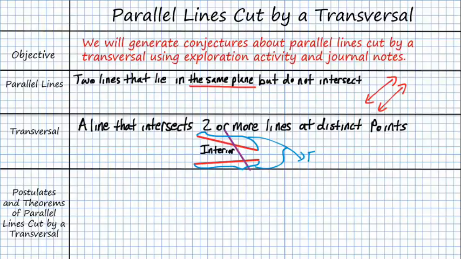So that's going to be the exterior. And the interior is all of the space that is between the lines. That makes sense intuitively, right? The interior is the space between our two lines. And then our transversal is this purple line, which is intersecting.